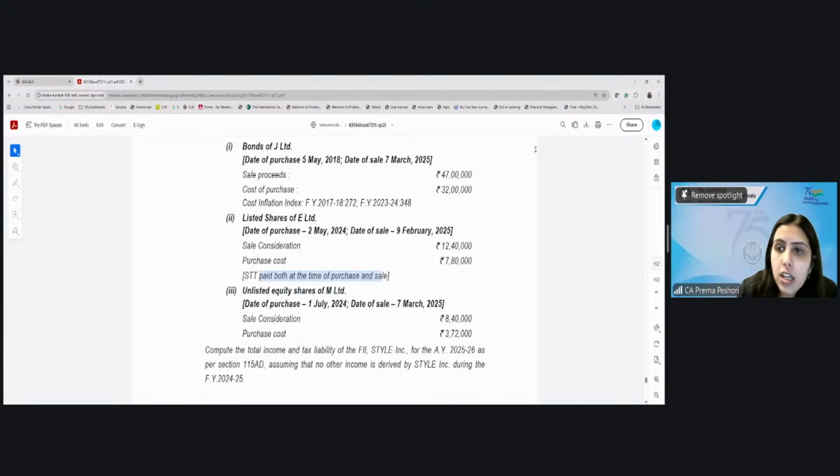Okay. Yes or no? Okay. Yes. Next is capital gain on this unlisted equity shares of M Limited.